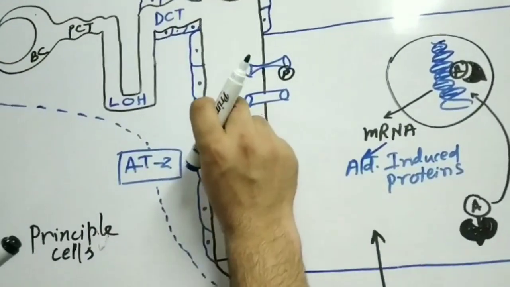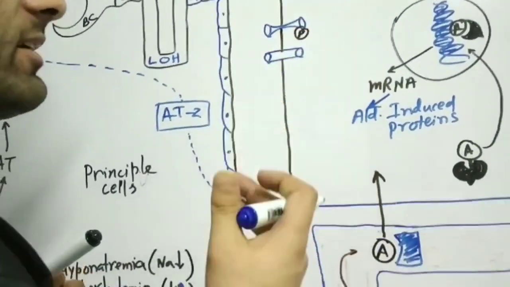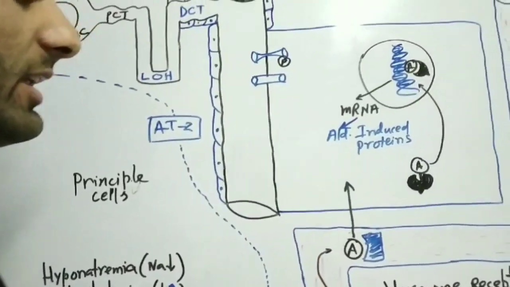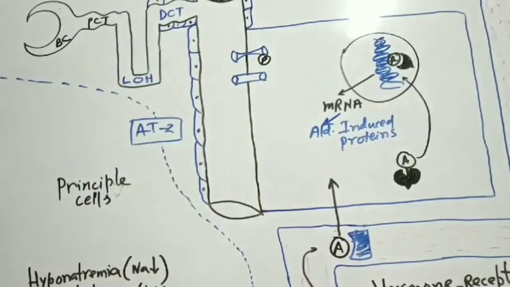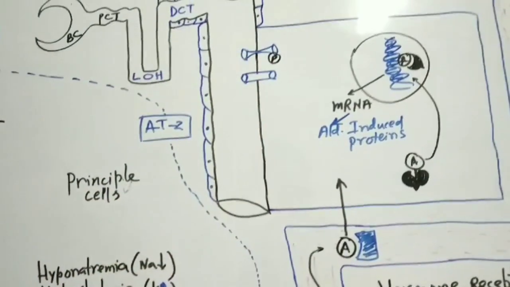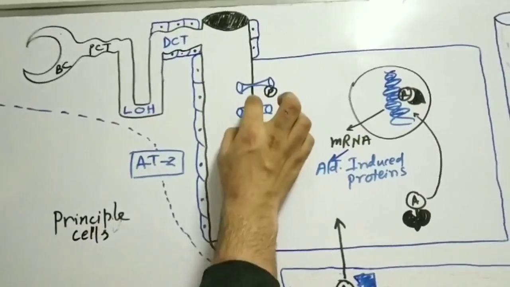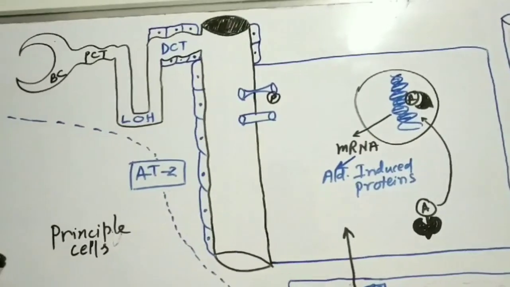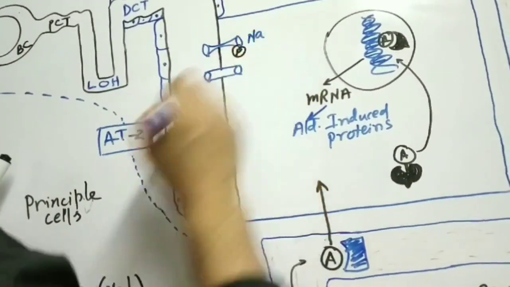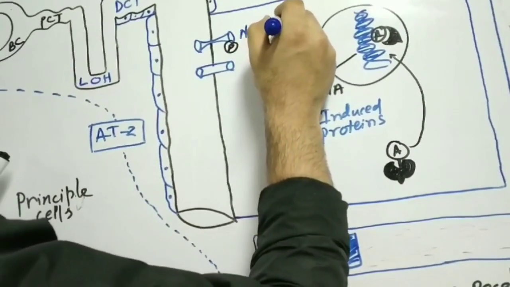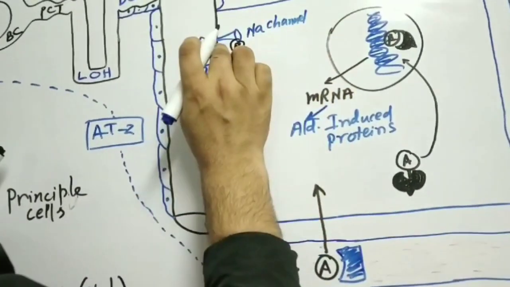Now through this channel, materials can pass. This is an activated channel. These are actually the sodium channels. This is the sodium channel, but it was inactivated.